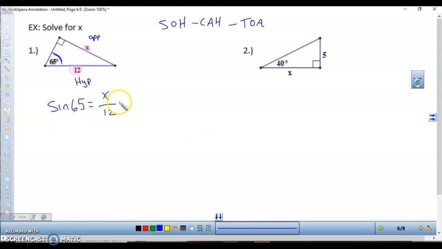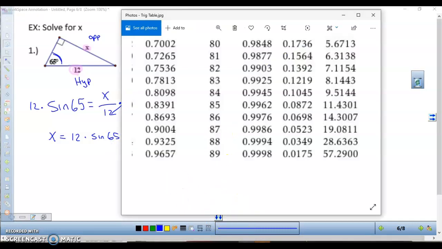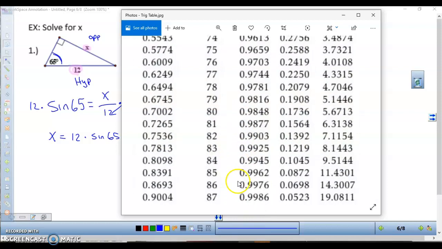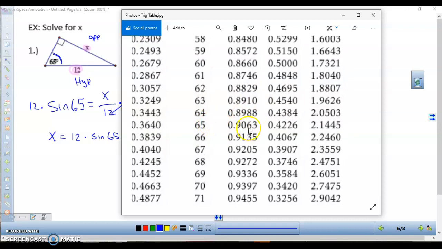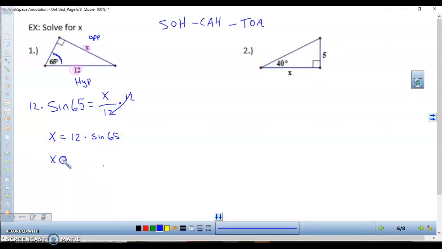And now in this case, I'll simply multiply both sides by 12. And I'll get that x is equal to 12 times the sine of 65. And how about in this case, I'll do it using the table, just to show you, if you don't have a graphing calculator, it's not that big of a deal. So the sine of 65 degrees is 0.9063. So x is equal to 12 times 0.9063.